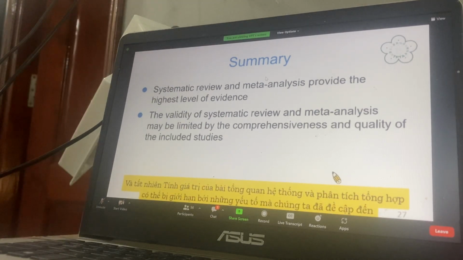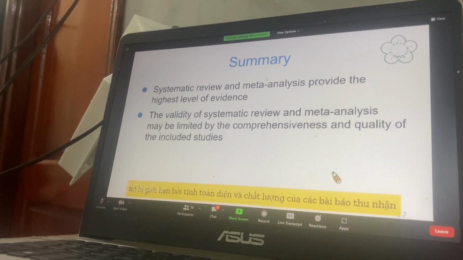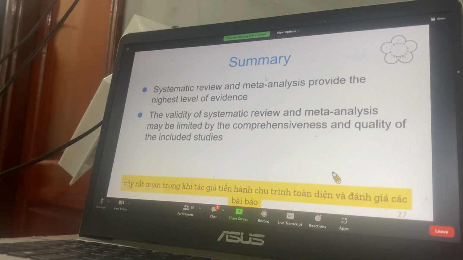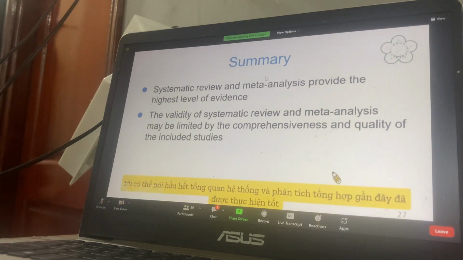But of course, the validity of systematic review and meta-analysis may be limited by several factors which we've been talking about, and it's limited by the comprehensiveness and quality of the included studies. So it is important that the authors go through the comprehensive process of reviewing the articles, and then we are more able to believe their conclusion.